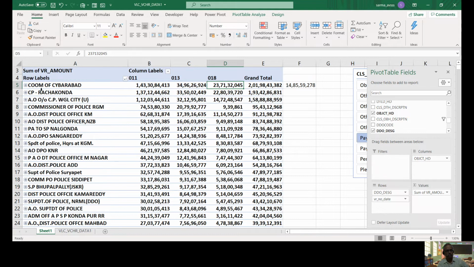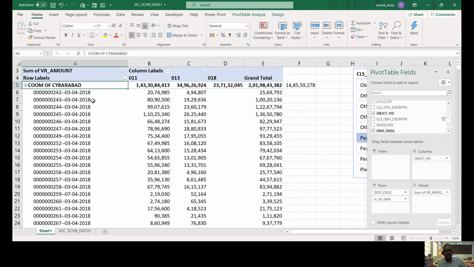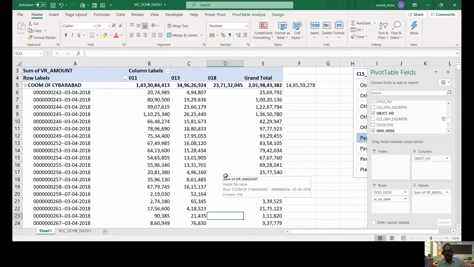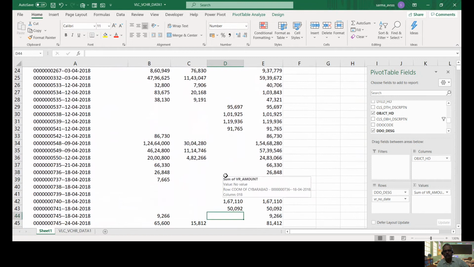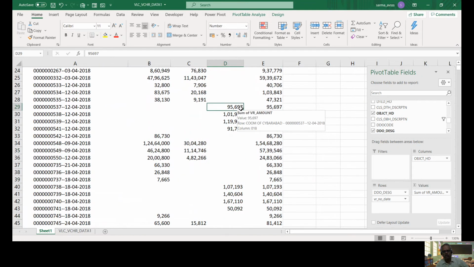So these are all vouchers and the amounts drawn. Of course, we have to see the vouchers wherever there is an amount under 018.